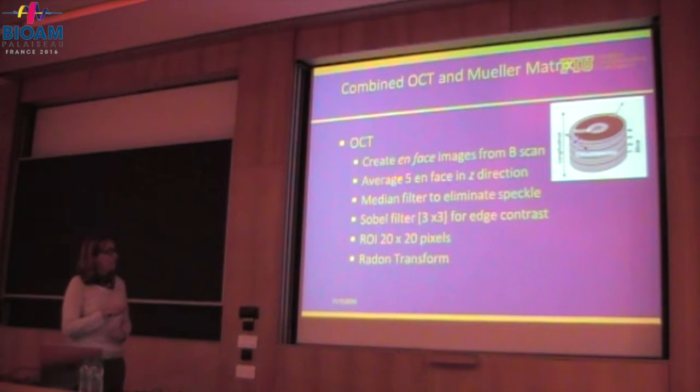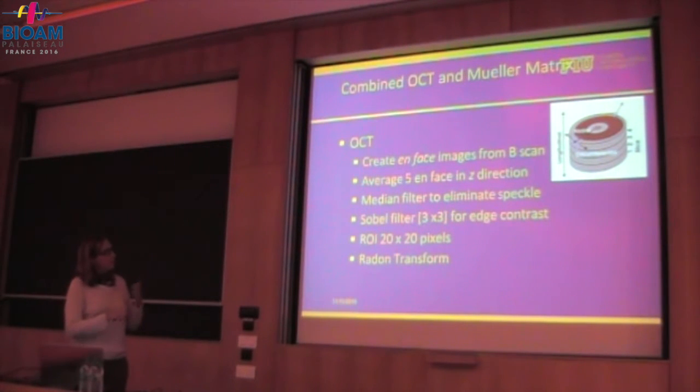In our case, we averaged 5 en face images. Then you eliminate the speckle with a median filter, and then you enhance the edges of the fibrillar structure with Sobel filtering.